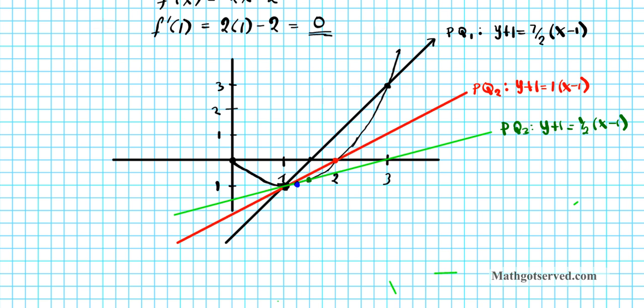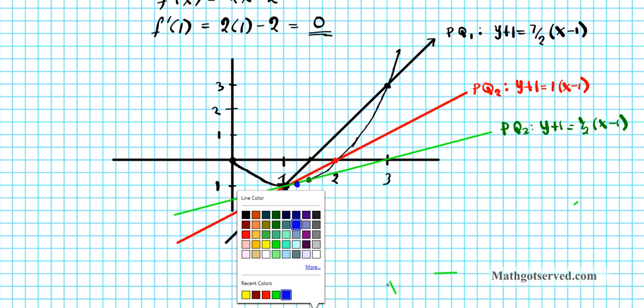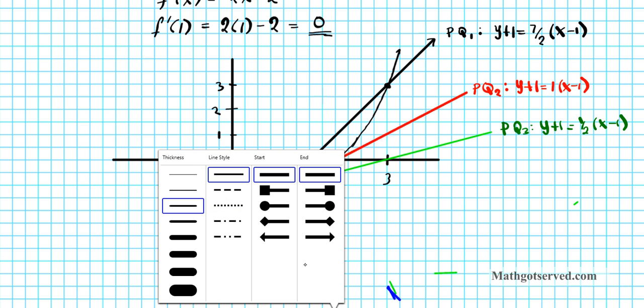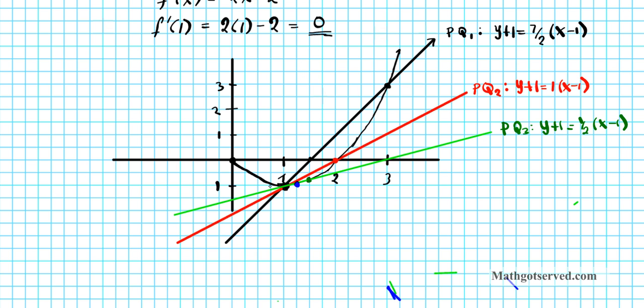It's going to be somewhat steep, but not exactly horizontal. So there goes the fourth secant line. Let's write down the equation of the fourth secant line. PQ sub 4 is y plus 1 equals 1 over 4 times x minus 1.